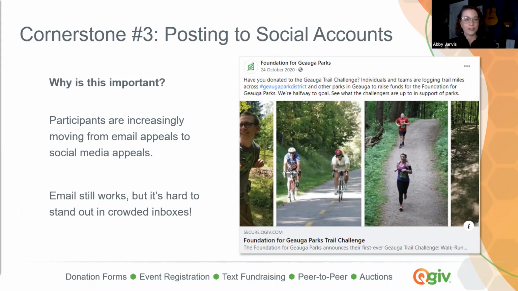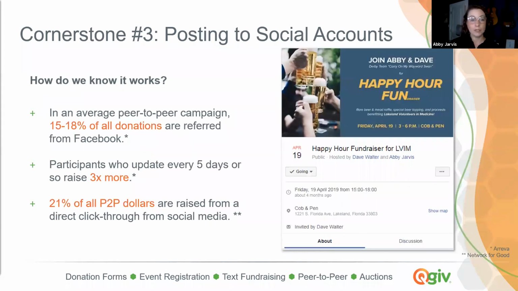So the more opportunities your participants have to get in front of their friends and family, the more likely their messaging and their appeals are to be seen and acted upon. So what does that mean from a data perspective? Most of the data I've quoted so far comes from the Qgiv system. These have different sources.